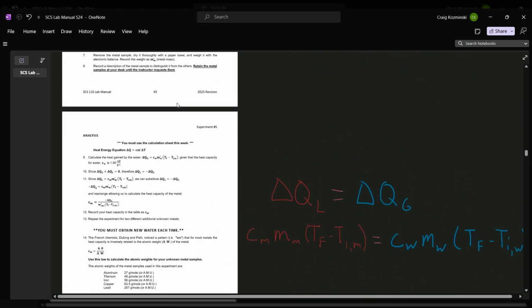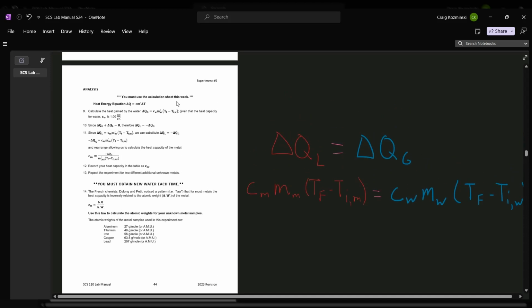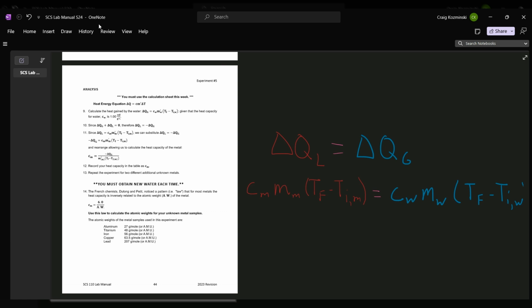On the next page, you'll see an explanation of some of the equations that are going to be used in this lab. And so we have our general heat energy equation listed here at the top, where the heat energy is equal to the heat capacity of a substance multiplied by its mass, multiplied by the change in temperature.